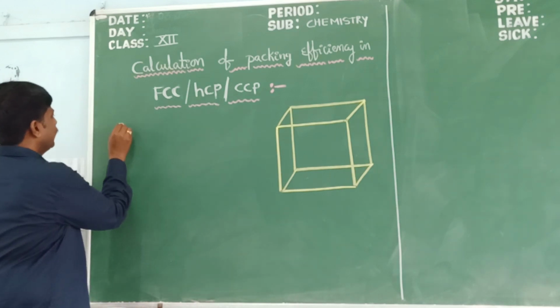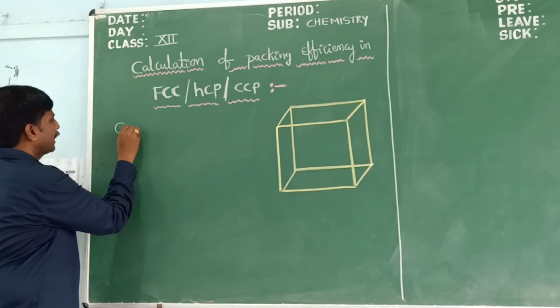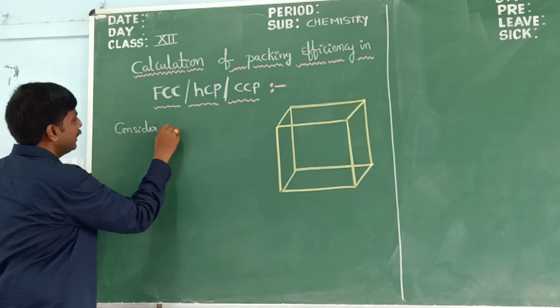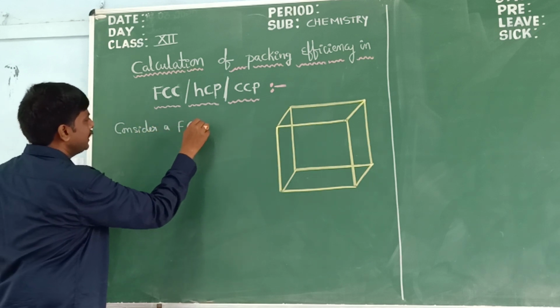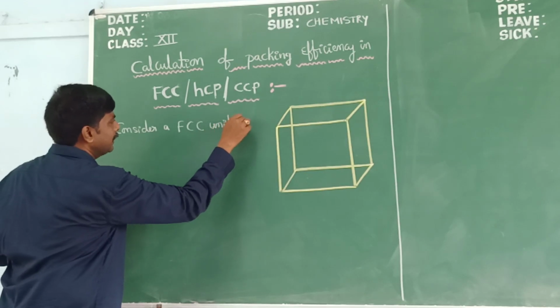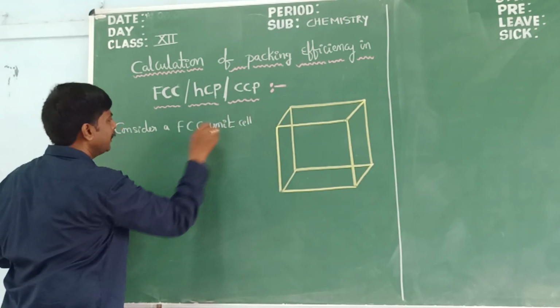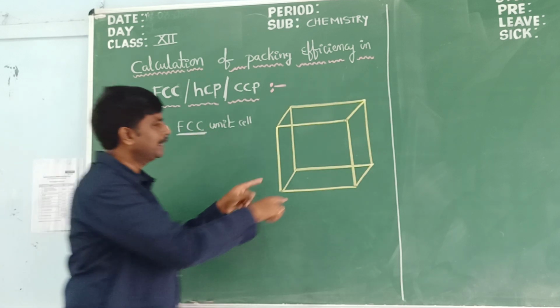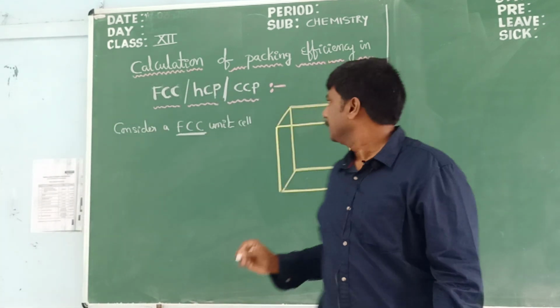For this, first we will consider an FCC unit cell. So here I have taken one unit cell.